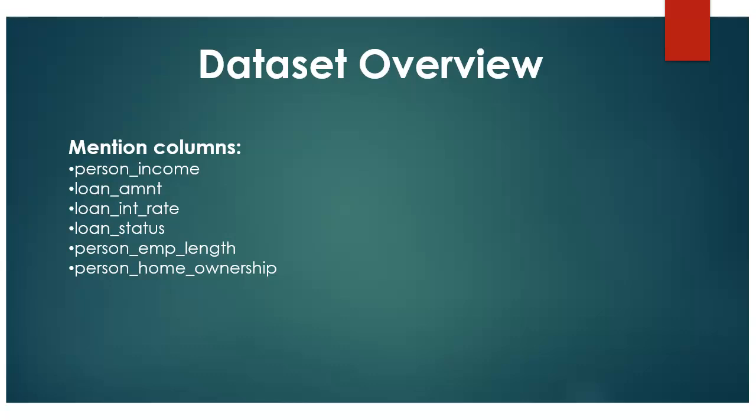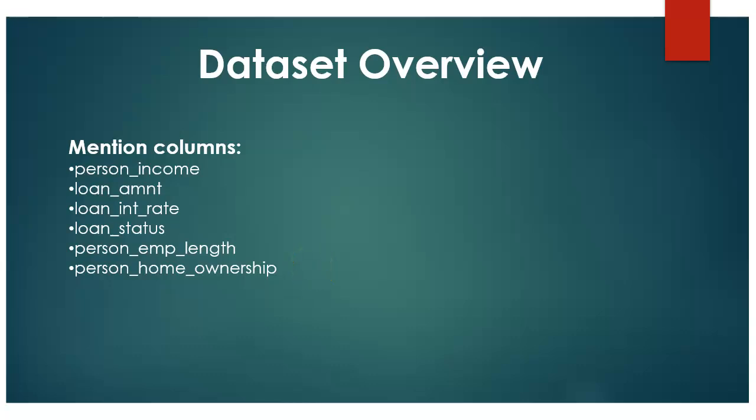Then the dataset overview. The dataset used in this project contains borrower and loan related information. Some important columns in the dataset are person income, loan amount, interest rate, loan status, person employment length, person home ownership, loan intent, credit history length.